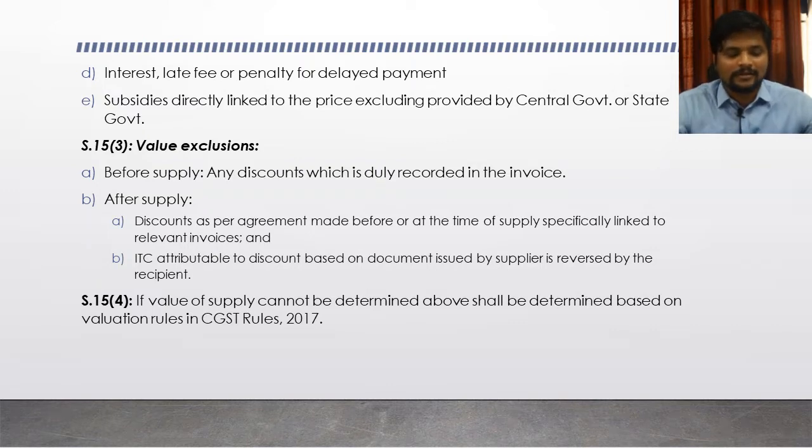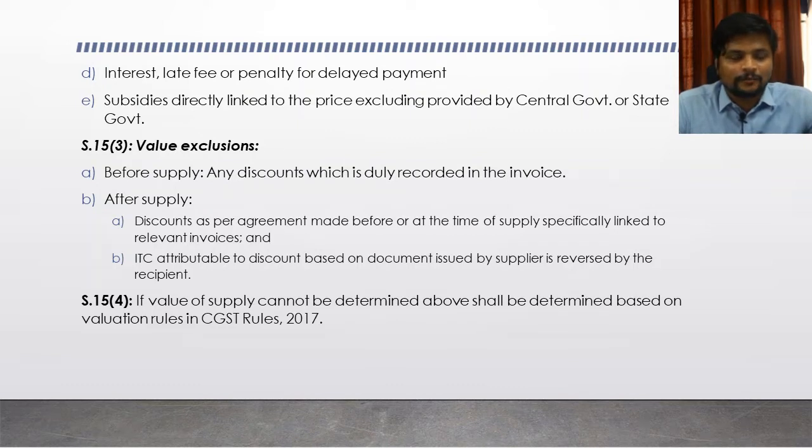Clear or not? The fifth item, I will repeat, is any subsidies that is directly linked to the price. It should not be subsidies given without any conditions, or any general subsidy. Those will not come under this.